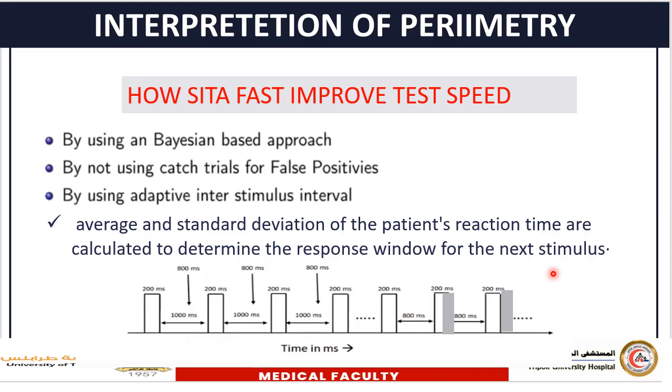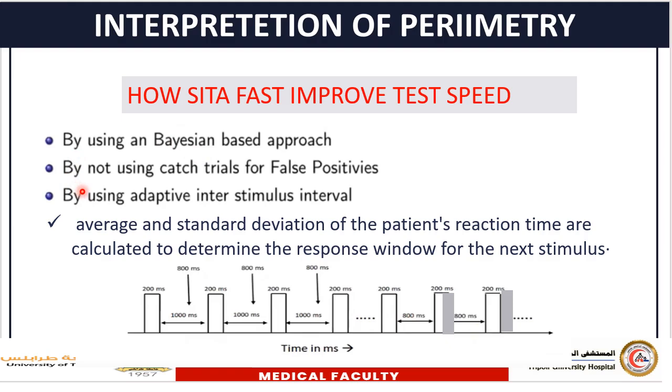But why is the CETA strategy shorter in time as compared to the full threshold? There is some explanation for this. Number one, it assumes the Bayesian approach, which utilizes a psychophysical test that can predict the sensitivity of the adjacent points of the retina, so that it saves a lot of time in the test time.